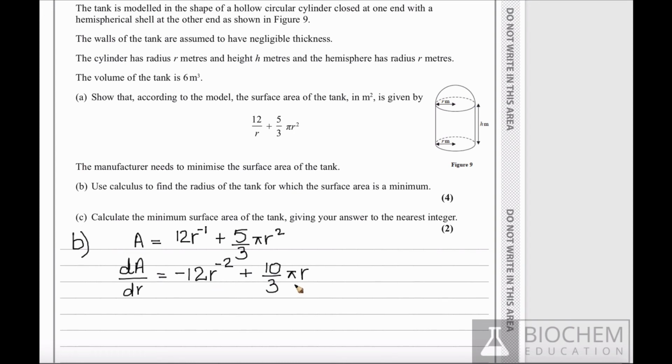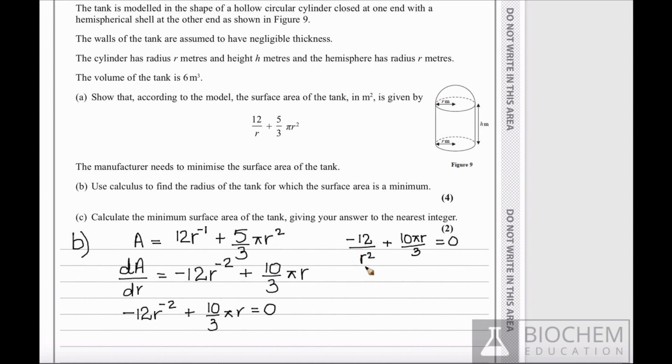We will now equate this equation to 0, so the answer would be -12 r to the -2 plus 10/3 pi r is equal to 0. To solve further, we will first change this back into the fraction form. And we can write this as -12 over r square plus 10 pi r over 3 equals 0.